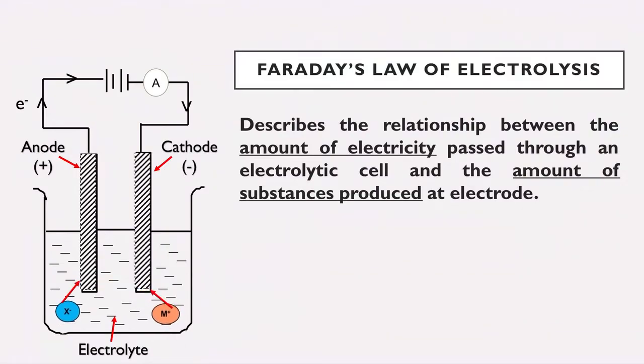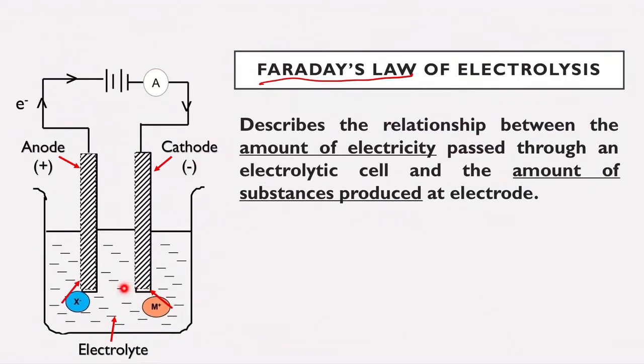Before we go to what Faraday's law is, we need to know that during electrolysis, using electrical energy to have chemical reactions, products will be formed at your electrodes, your anode and cathode.